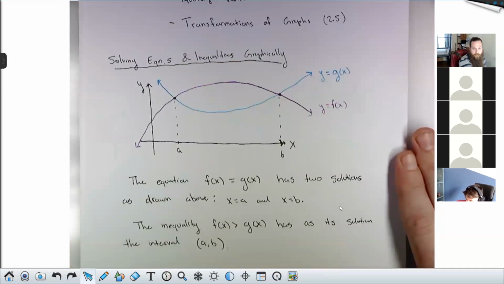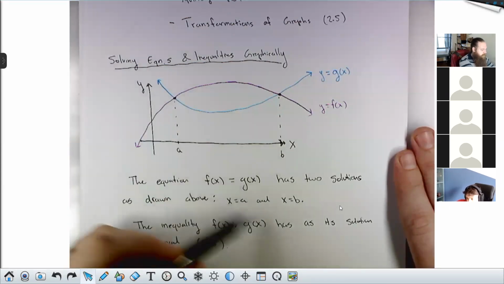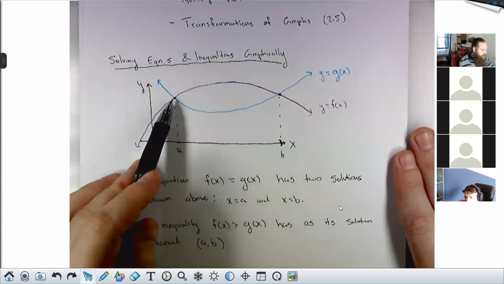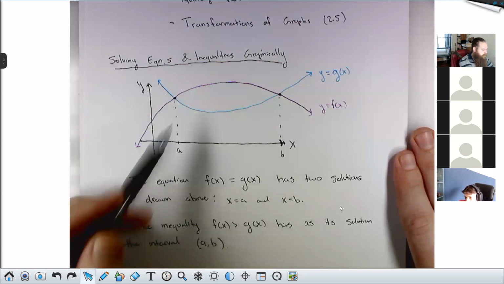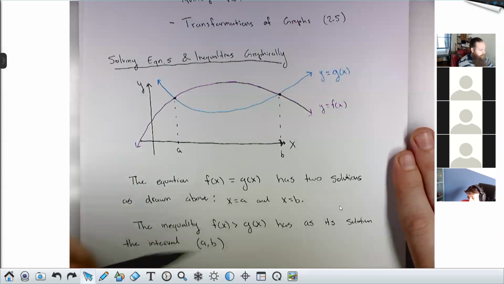And it's an open interval because this is a strict inequality. When x is exactly equal to a, this inequality is not true. F of x and g of x would be equal to each other there. In other words, f of a is equal to g of a. So f of a is not strictly greater than g of a.